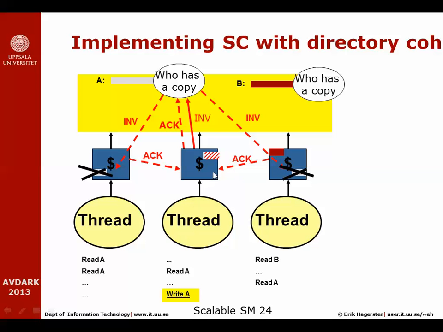Because then and only then can you be sure that all those copies have been destroyed, and since there is no ordering bus medium, you really have to collect all the acknowledges before you are allowed to change the value in the cache and send an acknowledge back. So that write in the middle here has to collect all acks before the write is performed.